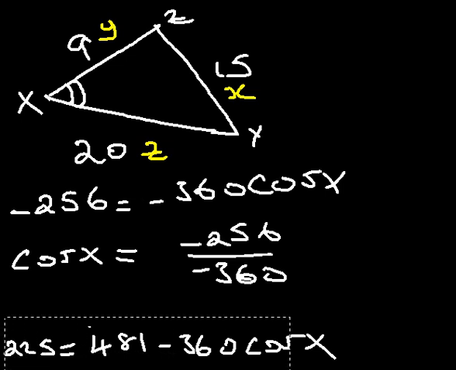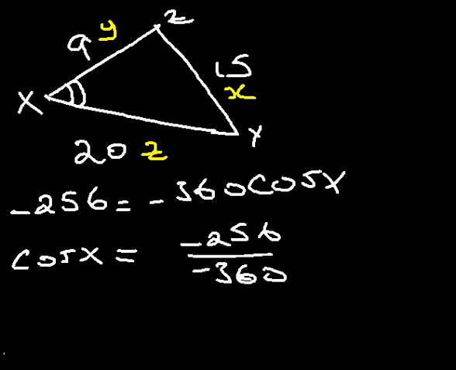Then the negatives cancel, and you have 256 divided by 360. That is positive, and I'll have it as 0.711.